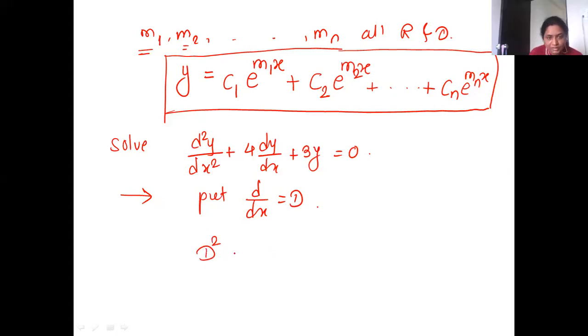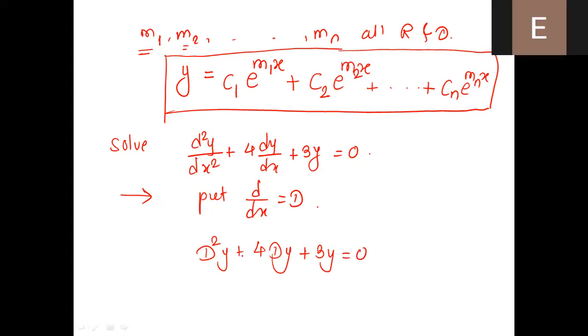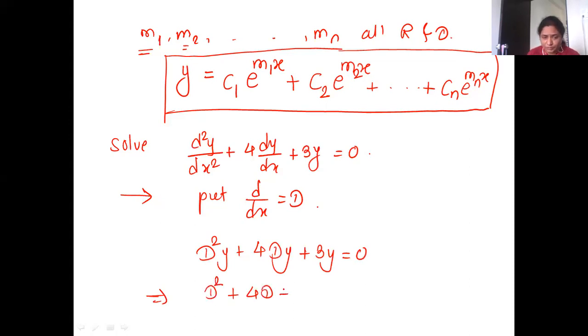D square y plus 4Dy plus 3y is 0. Now y is common. So if you can understand here itself, you can take it out in the first step itself. So D square plus 4D plus 3 times y is equal to 0.